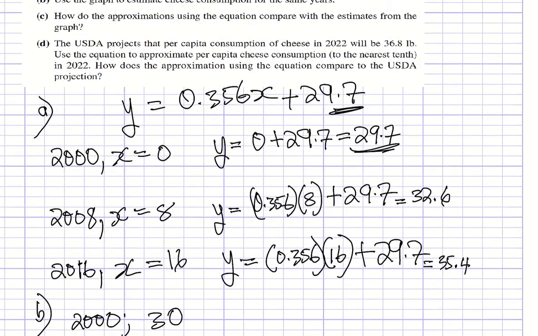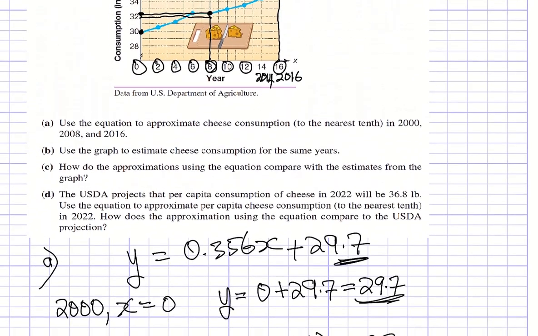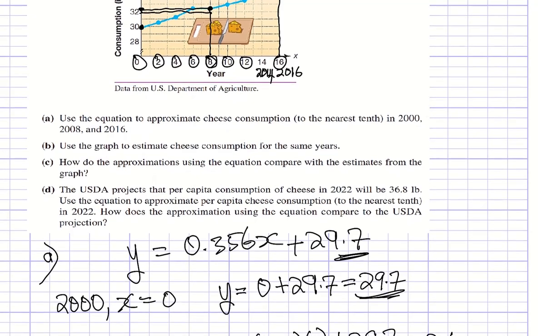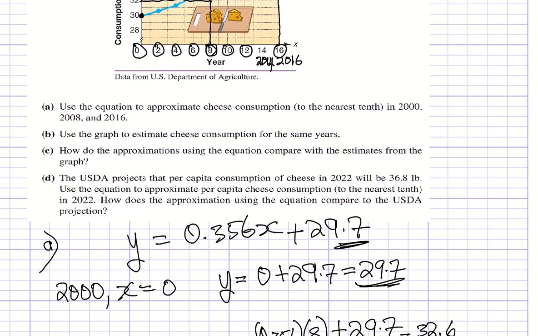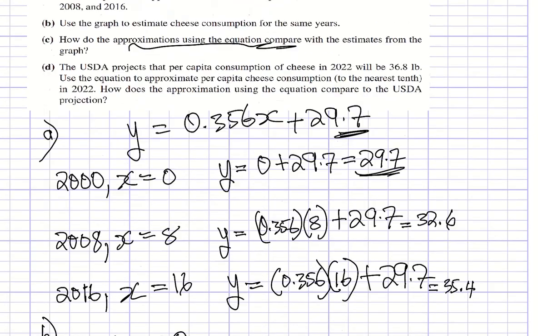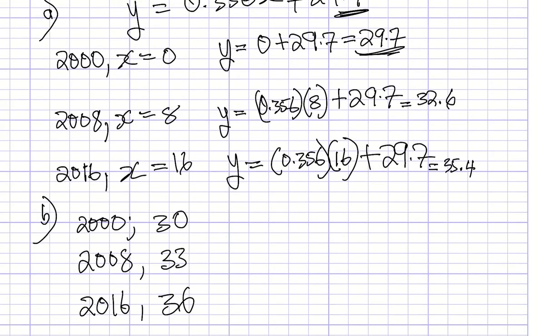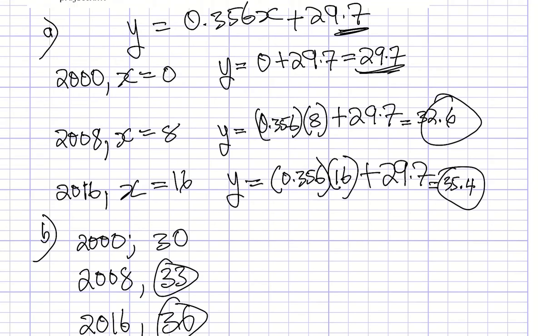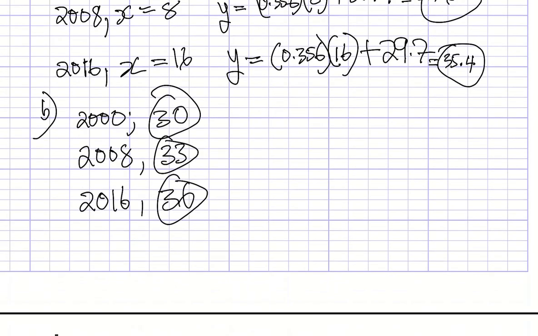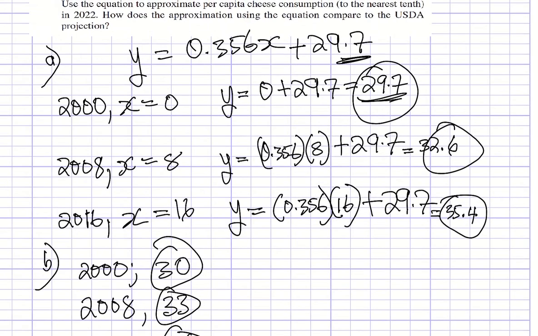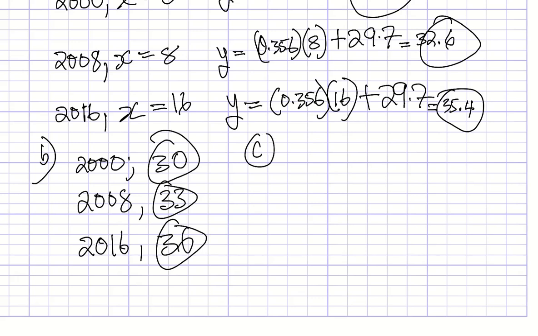And then what is C? How does the approximation using the equation compare with the estimate from the graph? They will be close. Because you see right here, they cannot be far apart. So, what is this? This is C. The approximation, right?